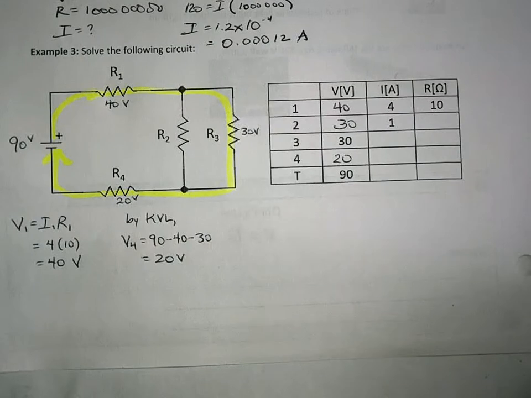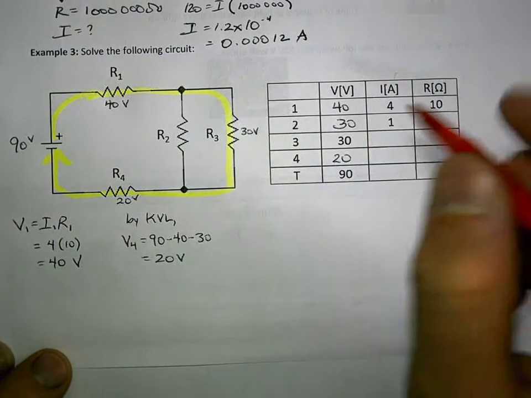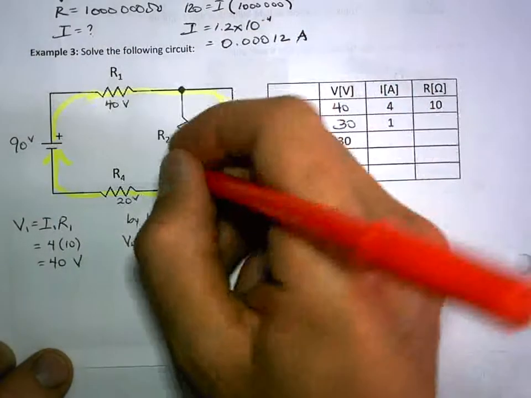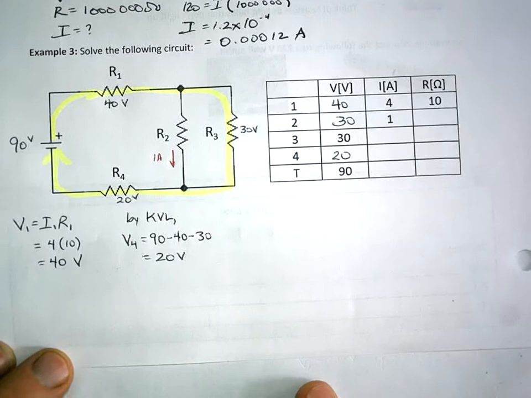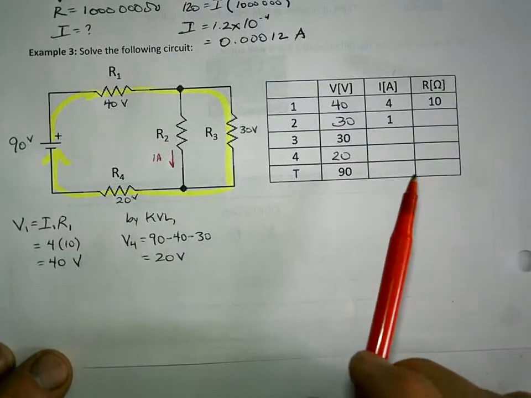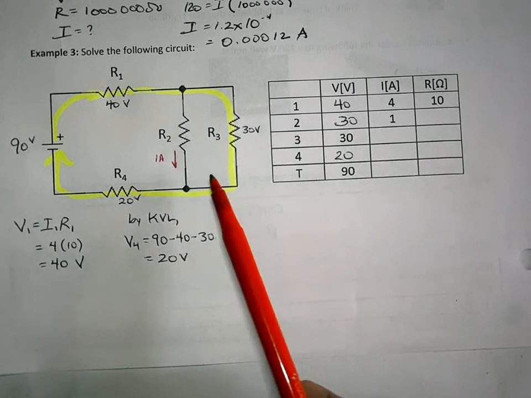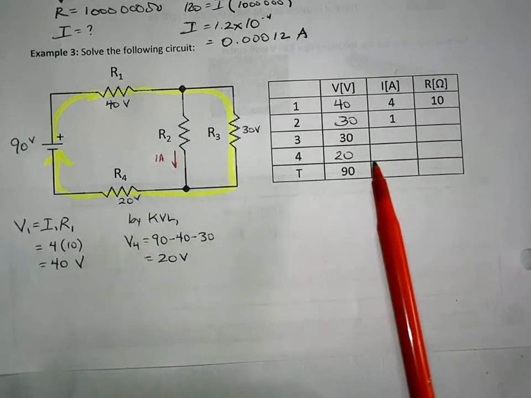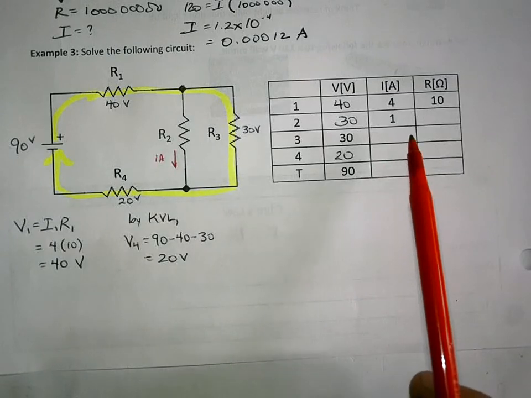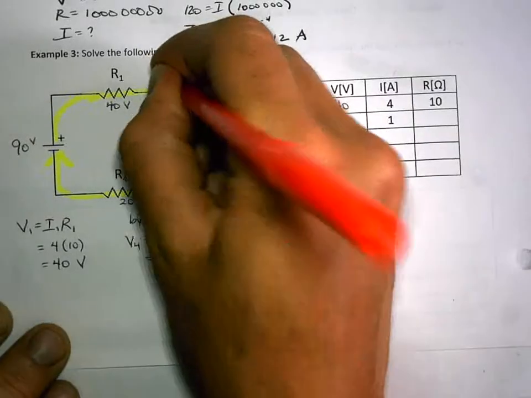In terms of current, I only know the current at I2. So I only know that the current here is 1 amp. I don't have a lot of information about current. However, we also know that 4 amps is here.